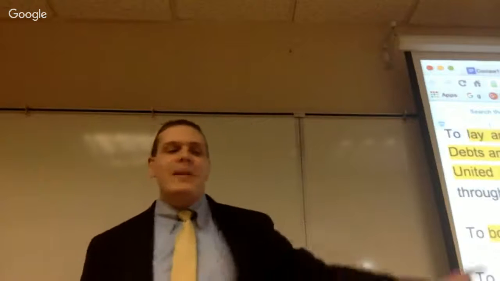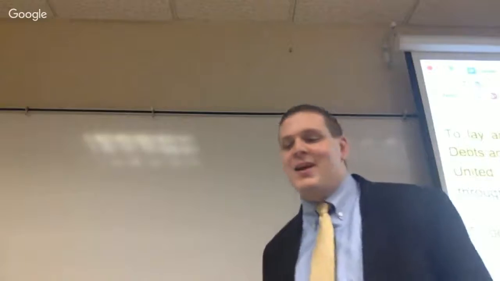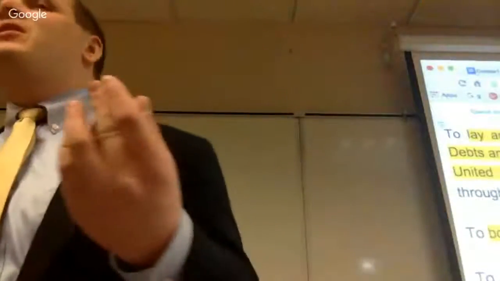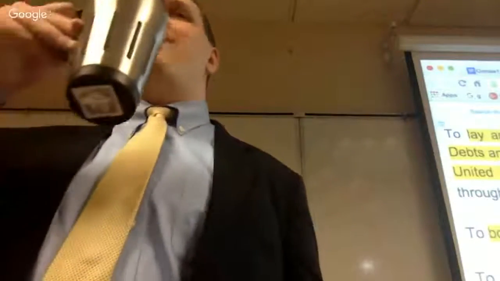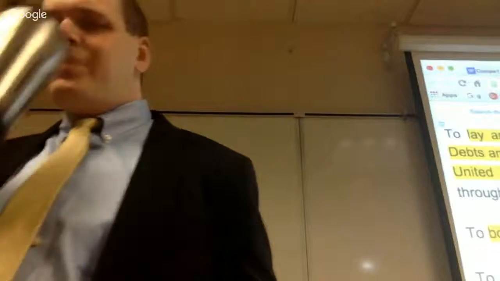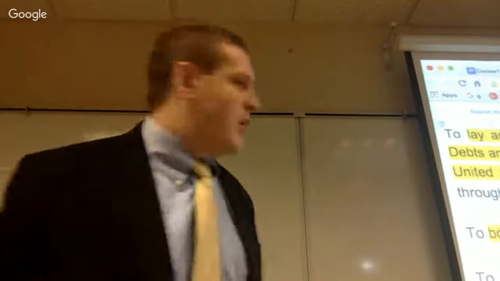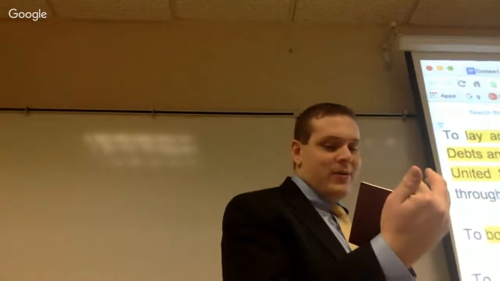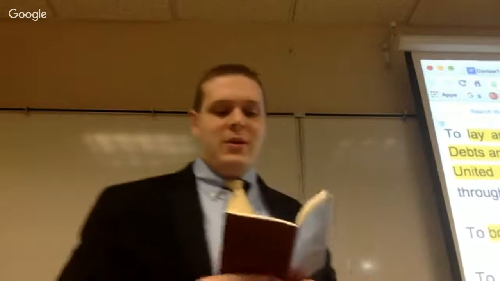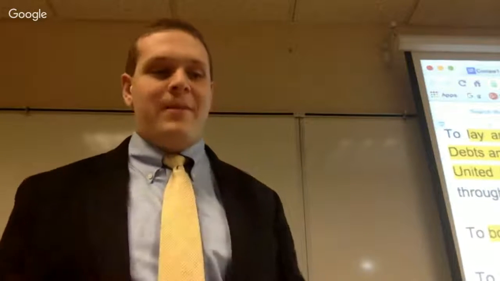Another element, they can borrow money and establish credit. This is almost certainly an Alexander Hamilton line. In order to be an international nation, among others, they have to borrow money and have relations. In your Constitution, I want you to put a really huge star next to this one, the third clause, on page 23.